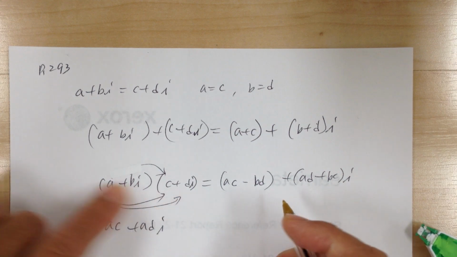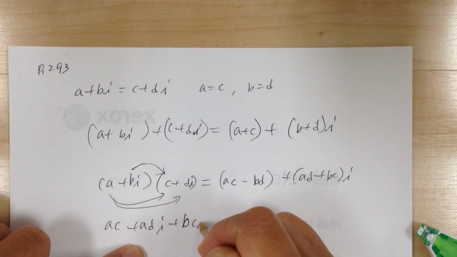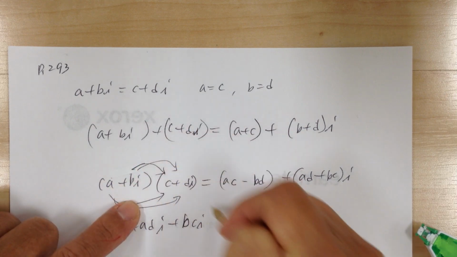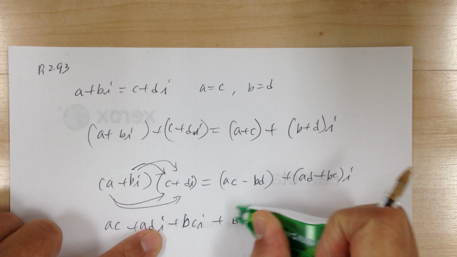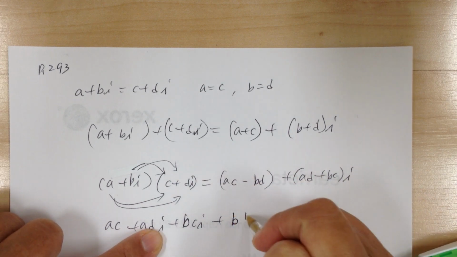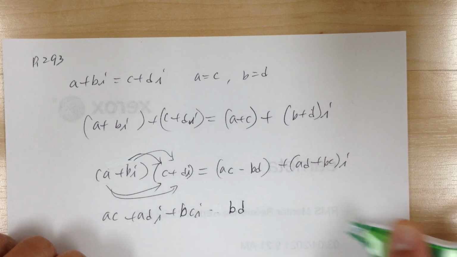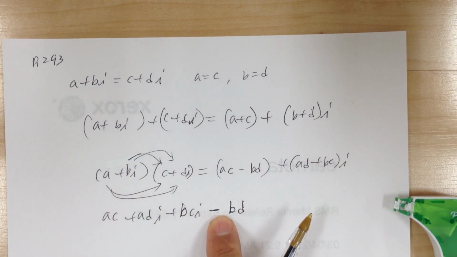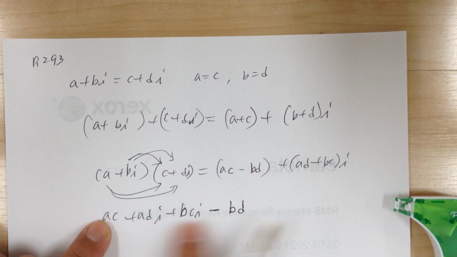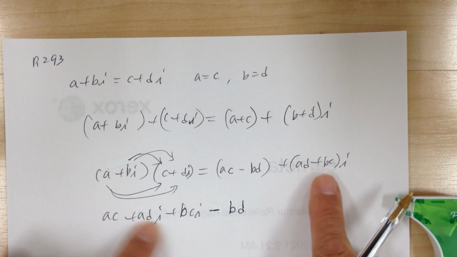You distribute, so this would be plus bci, and then plus bd i squared. But remember, i times i gives you negative, so this becomes negative. That's where the negative came from, and that's where this came from: ac minus bd, plus this part over here, ad plus bc.